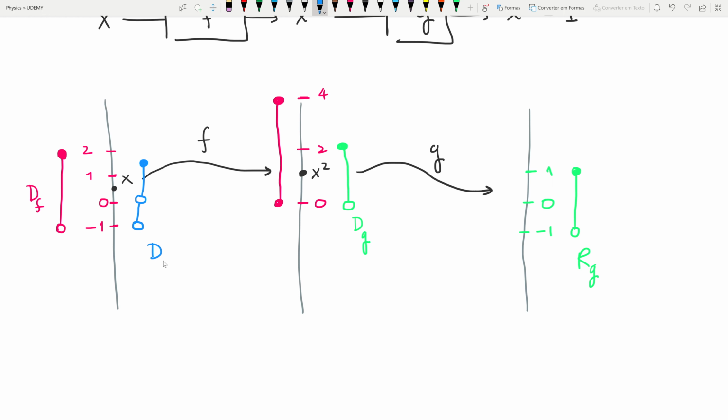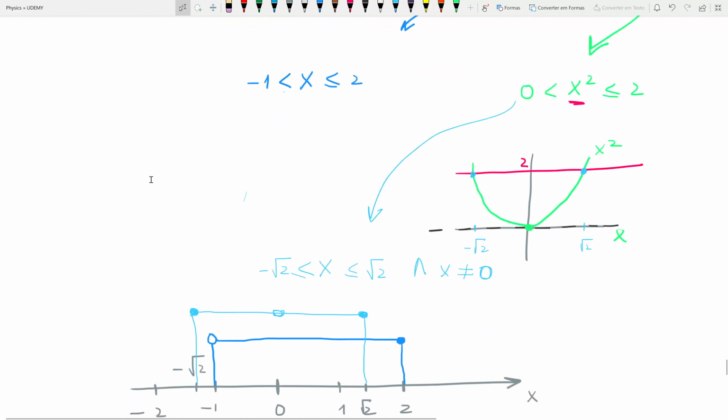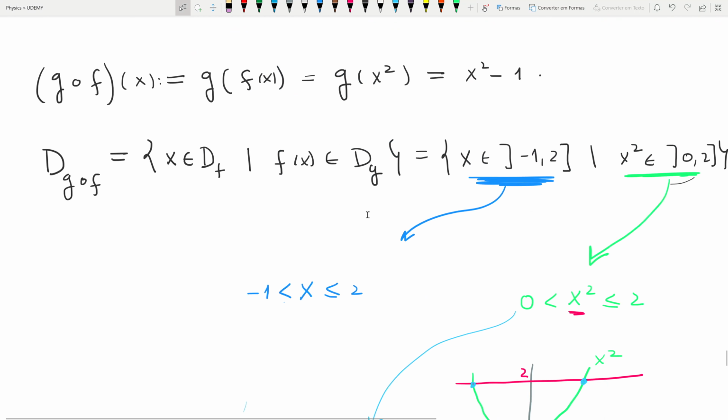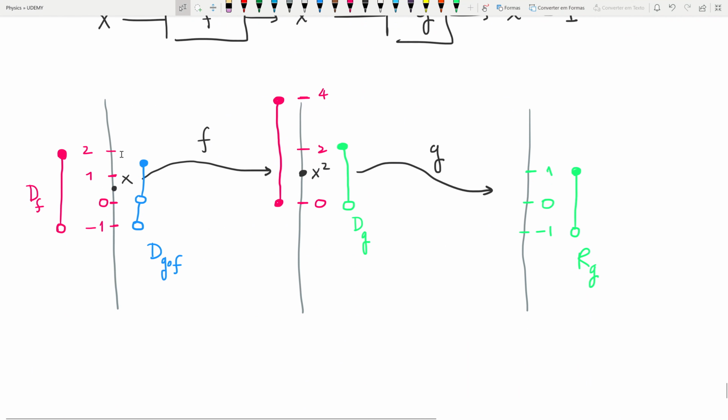So here we find the domain of g of f. Now, let's see what the domain means. From the original definition, what do we want? We want all those x's in the domain such that the images are in the domain of g. In other words, we want all those x's living in this set, the red one, such that their images, the x squared, live in the domain of g.